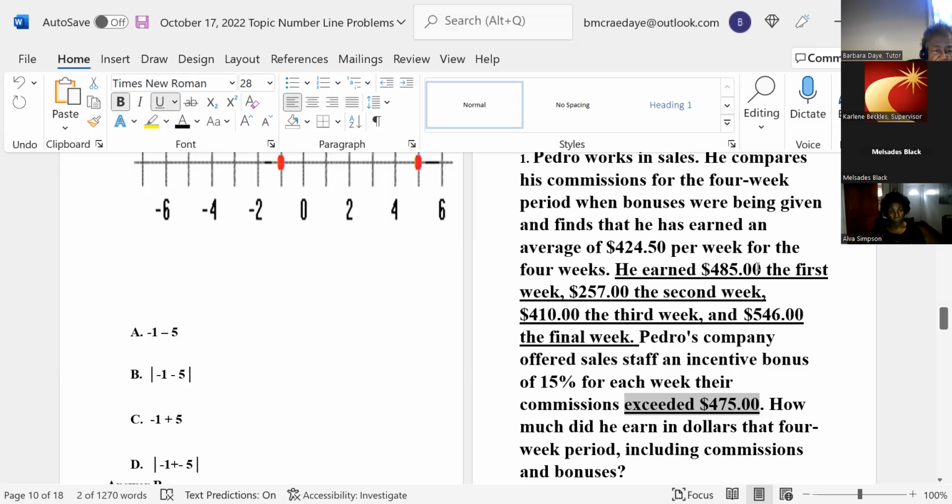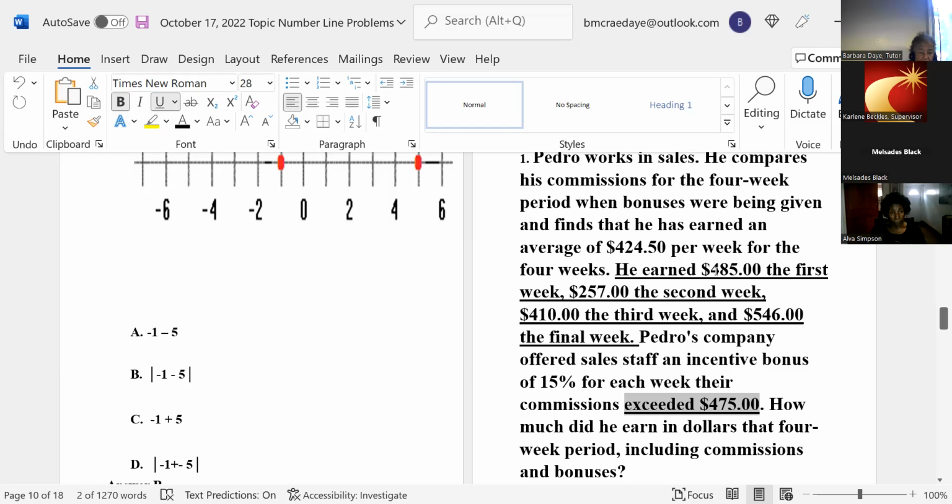485 the first week, 257 the second week, 410 the third week, and $546 the final week. So the final week. No, you're right, Michelle. 546 is bigger than 475. So is 485.